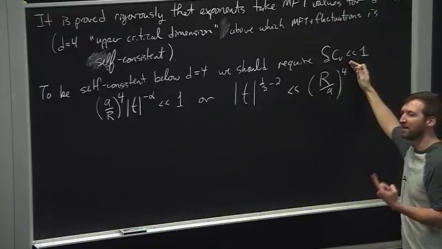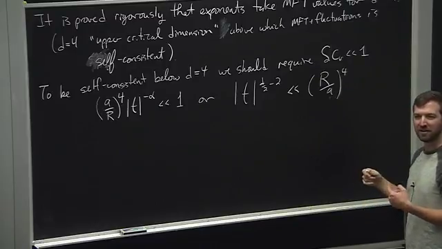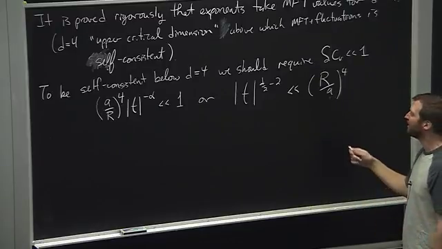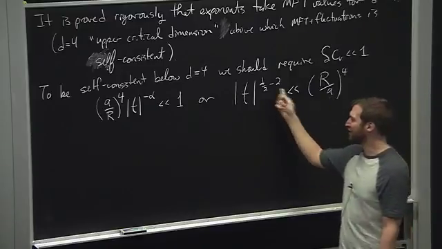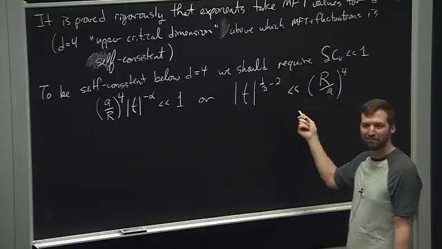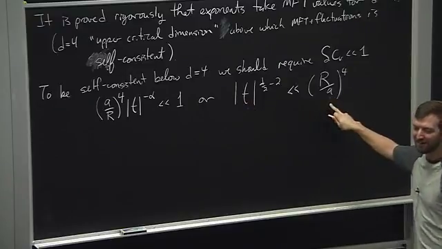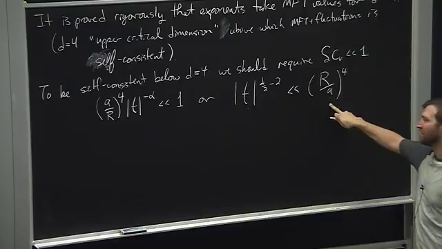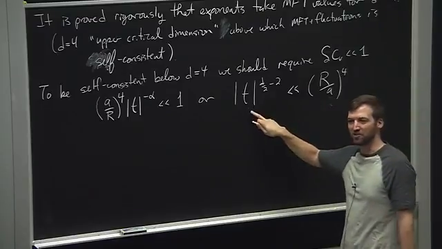And actually, one case is where R is infinite. Remember we solved the case for infinite range interactions? So when R is infinite, this thing never catches up to it, even if t goes to 0. But if R is not infinite, then there's always going to be a region close enough to the critical point where this divergence wins.